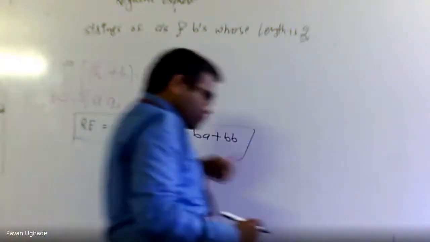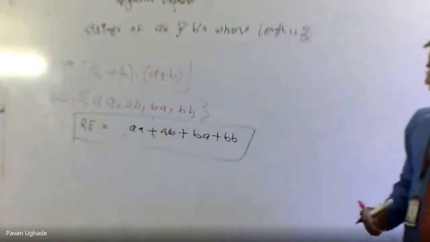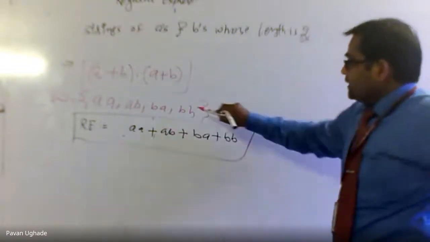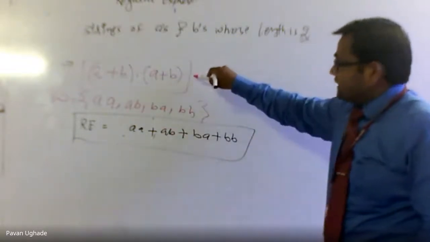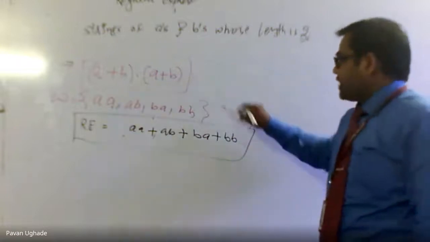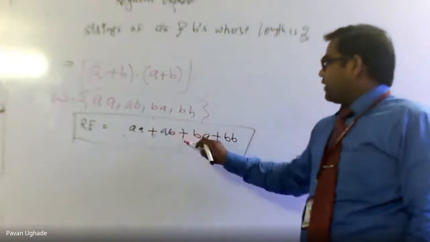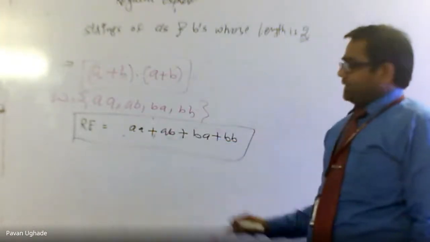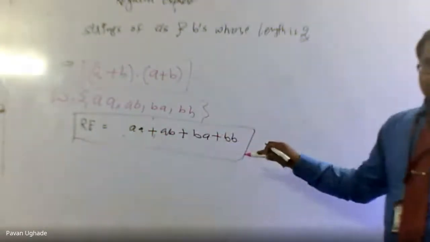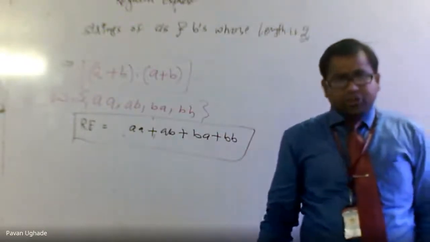You can consider this as one of the answers. Because it has only these four possibilities, you have to join them with the or operator. Understood, class?